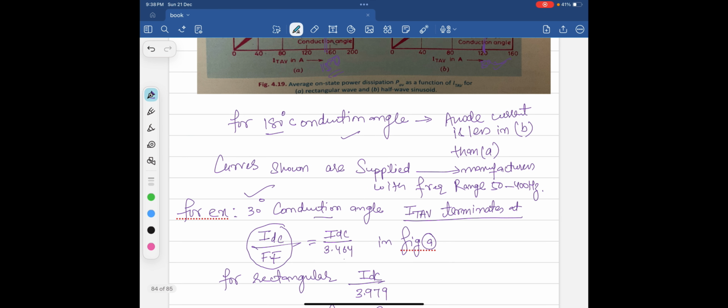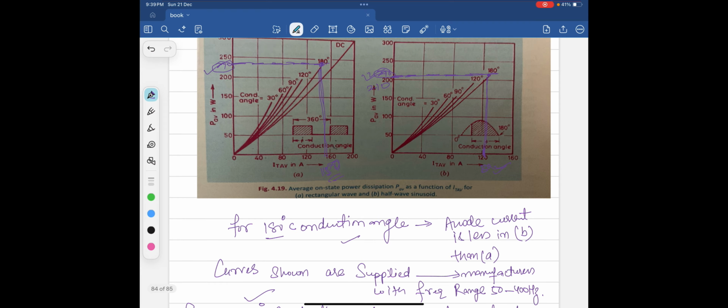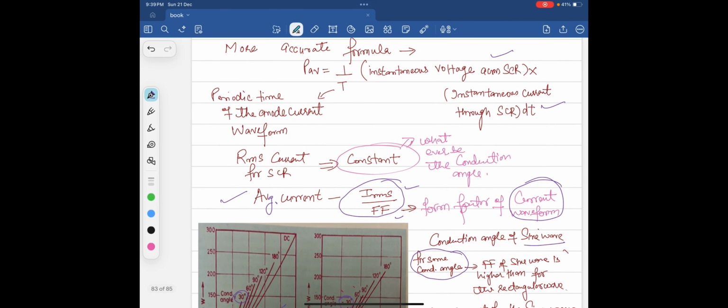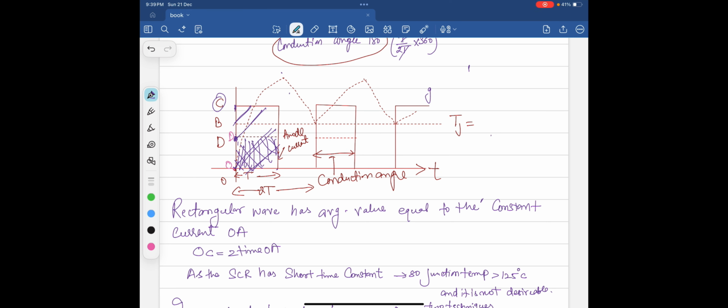The curves shown here are supplied by the manufacturer. All the specifications are given by the manufacturer so that the user can use them accordingly, with a frequency range of 50 Hz to 400 Hz. How do we calculate the conduction angle first of all? We can calculate the conduction angle as area upon time period.